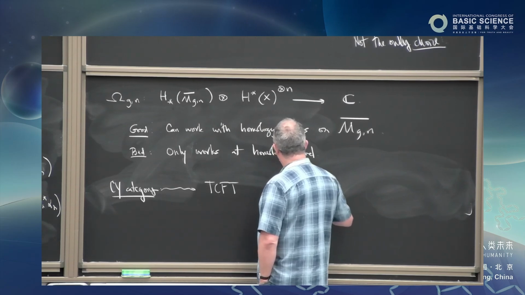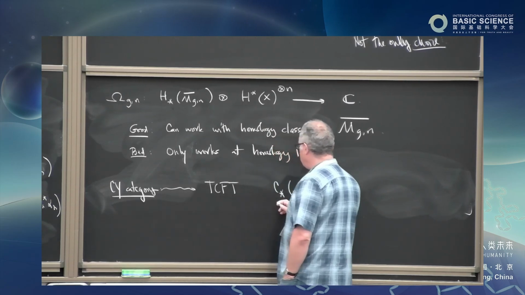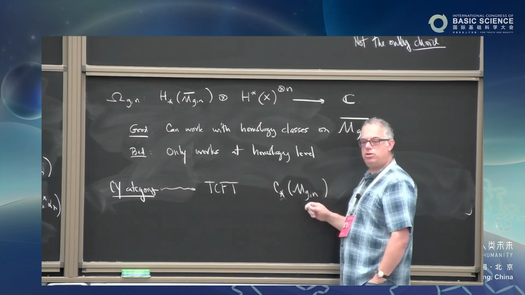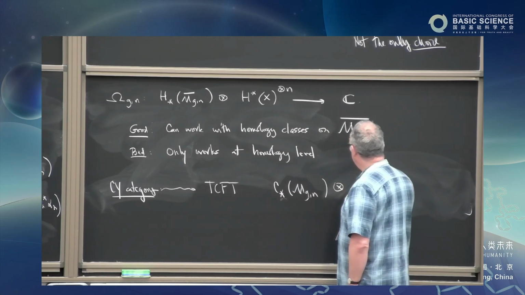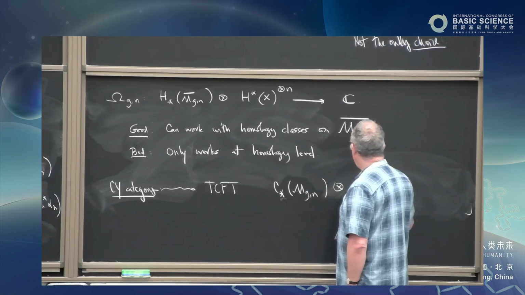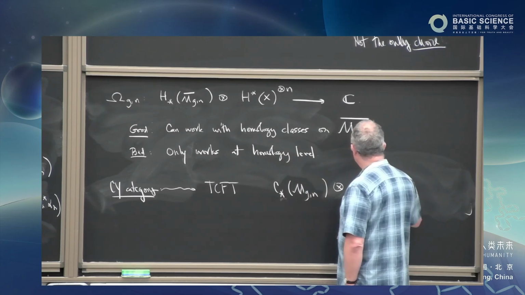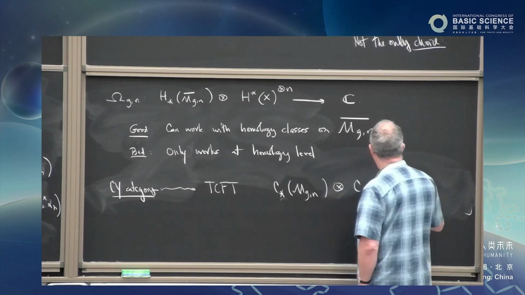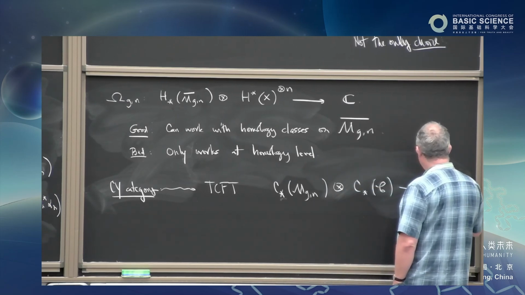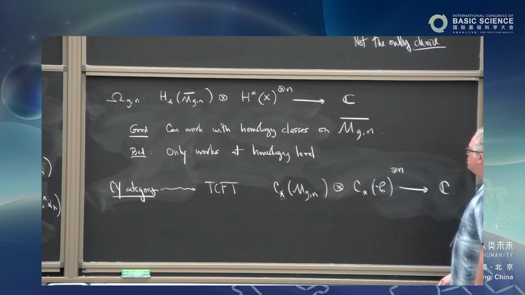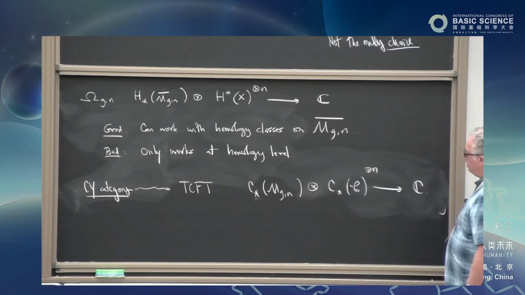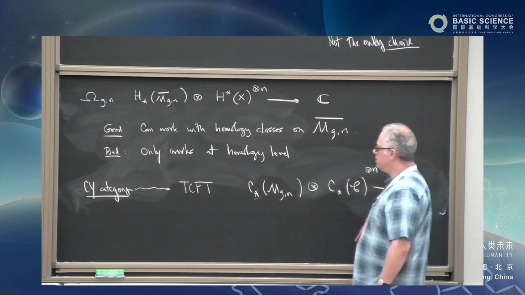It goes chains on M_gn. These are singular chains on M_gn, tensor chains, Hochschild chains on this category with values, again, in C. So what is in this story?